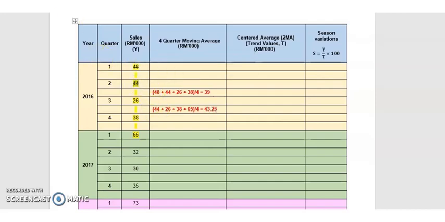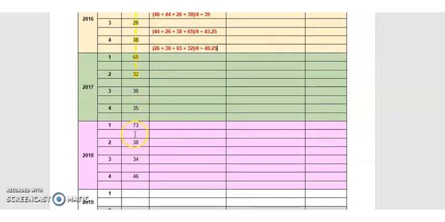Then you move the second value out and add another 4 values, 1, 2, 3, 4, so the center will be here. 26 plus 38 plus 65 plus 32, divided by 4. So here we get 40.25.